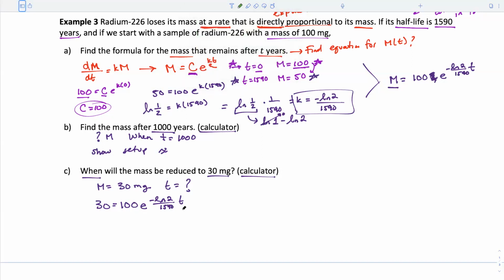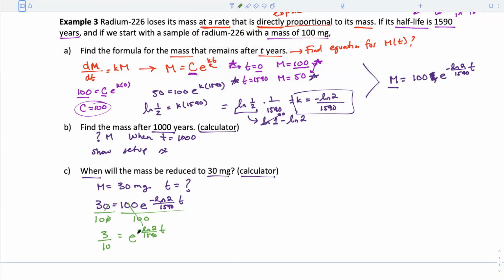So the first thing we're going to do is divide both sides by 100. So that gives us 3/10, right? And that's equal to e raised to the negative ln of 2 over 1590 to the T.